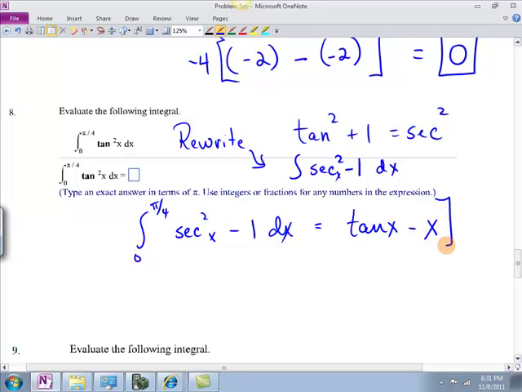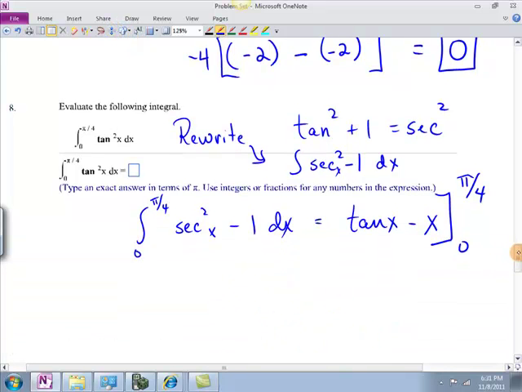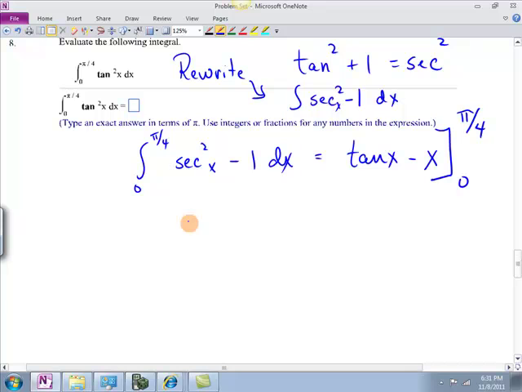And we're going to evaluate it from 0 to pi over 4. All right, so we've got tan of pi over 4 minus pi over 4, minus tan of 0 minus 0.